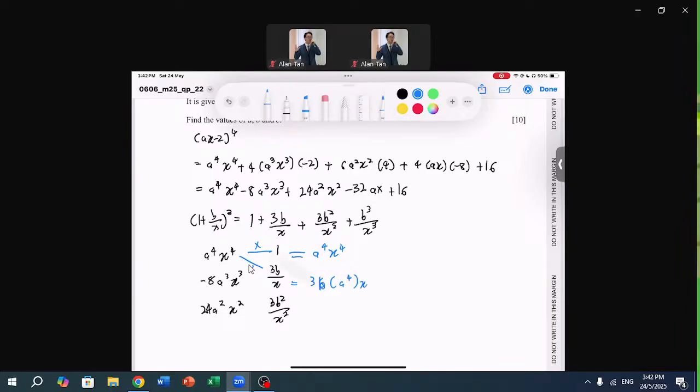This is b by the way, not 6. x power 3. We also have negative 8. Best to use a different color for this. Minus 8a cubed x cubed.